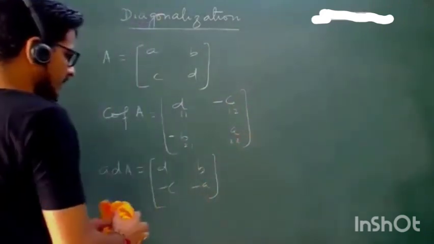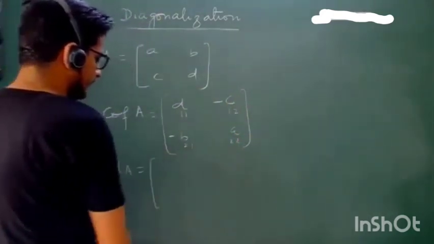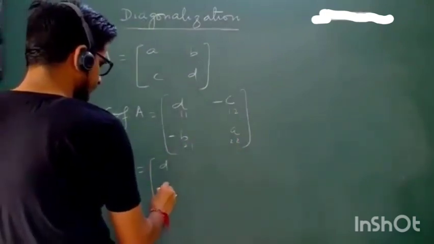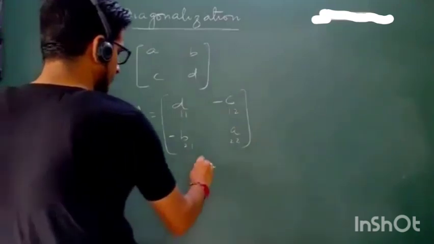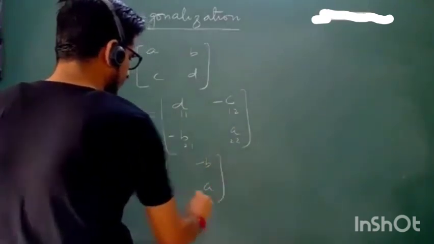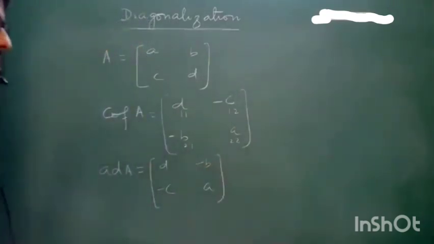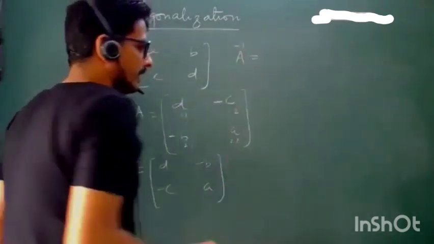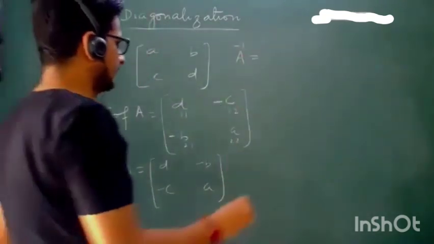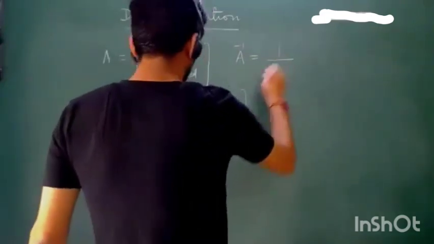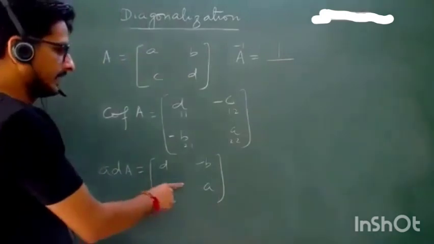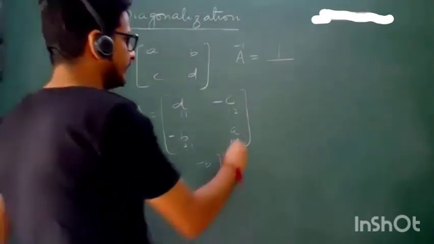Okay. So then what will happen? It will become d, minus b, minus c, a. This is the adjoint, and then A inverse is 1 upon the determinant value of this.